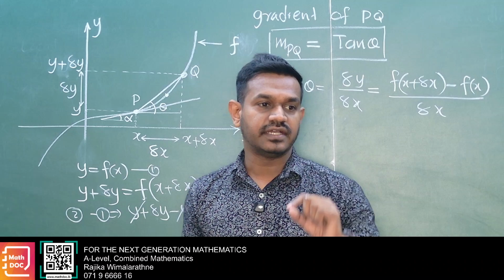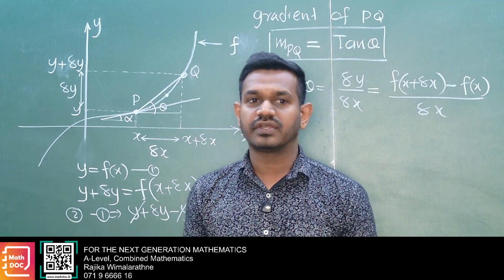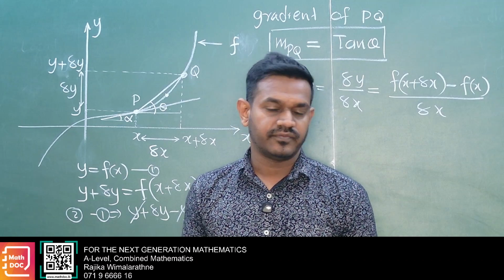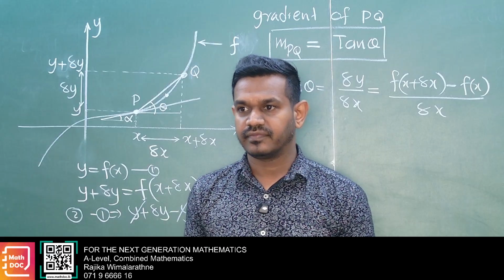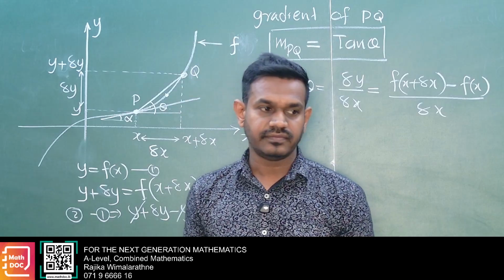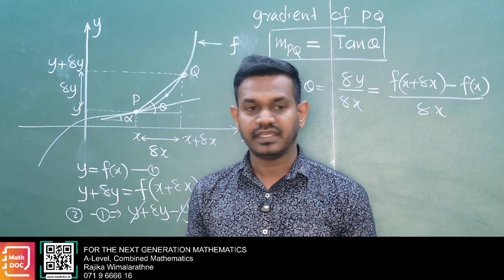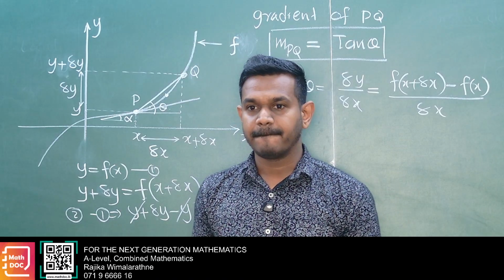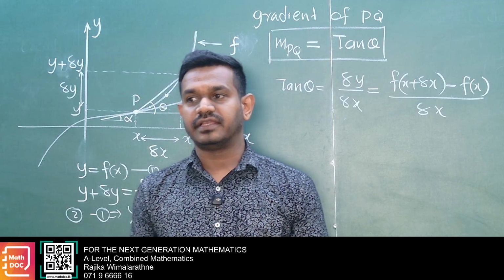And the point P on the curve, (x, y), is a variable point.